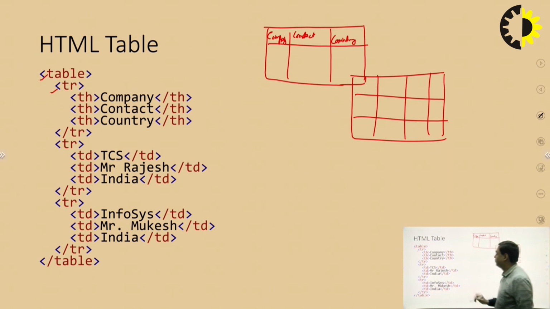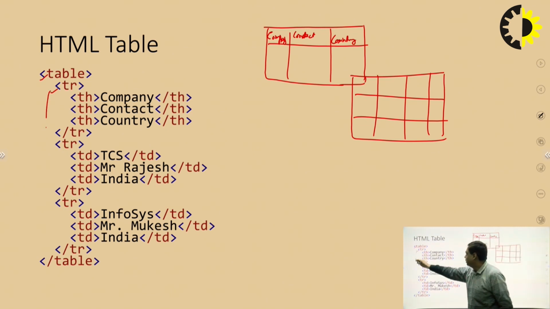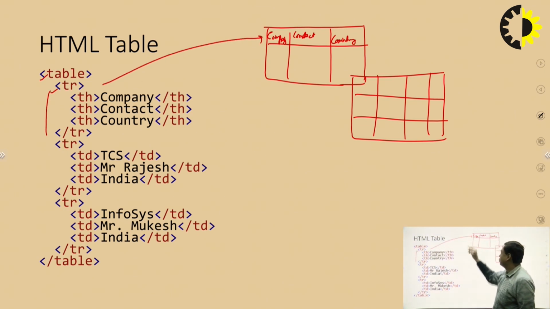So when we use the first TR tag, it is going to display the first row. Then we have created the second TR tag, so it will create the second row.